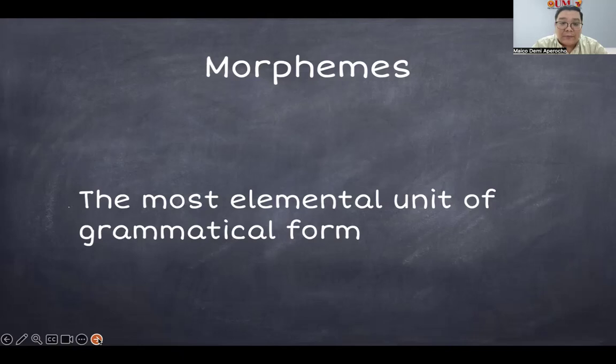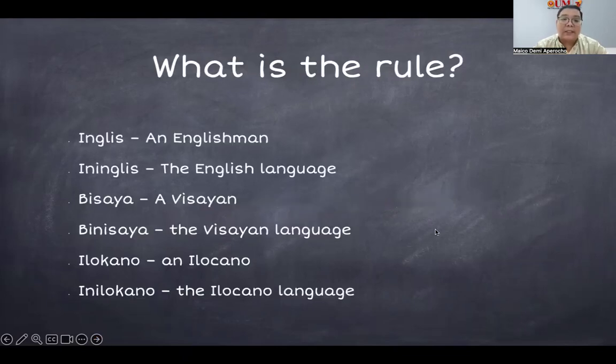That's why morphemes play a very significant role in the formation of a word, and consequently, words forming phrases, phrases forming clauses, clauses forming sentences, and sentences forming paragraphs. Essentially, morphemes are very important because they help us in the grammatical formation and the attainment of structure in terms of our expressions.